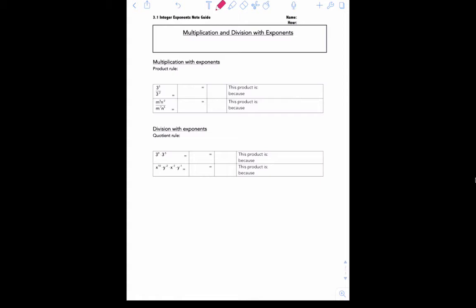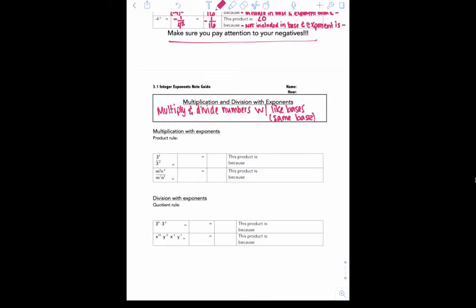Now let's move on to multiplication and division with exponents. One thing you need to make sure of is when you multiply and divide numbers that have exponents, you only multiply and divide like numbers. So the base has to be the same. The first thing you want to do when you're multiplying or dividing with exponents is you need to move your numbers that have negative exponents.